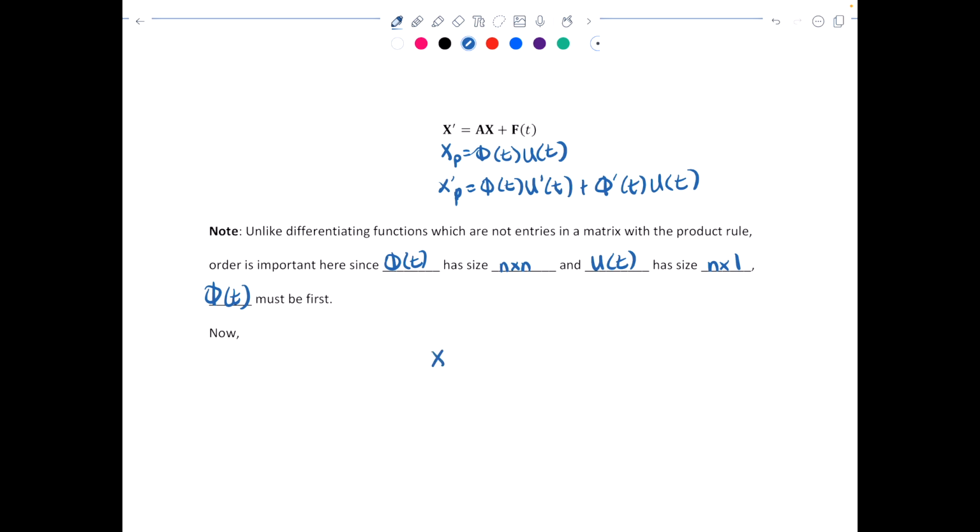So we have x prime at P, so the particular solution, the particular matrix of solutions. So this is going to be A times xp, I'll explain where I'm getting this in a minute, plus f at t.